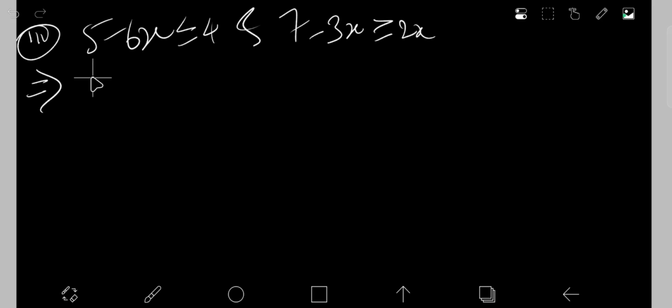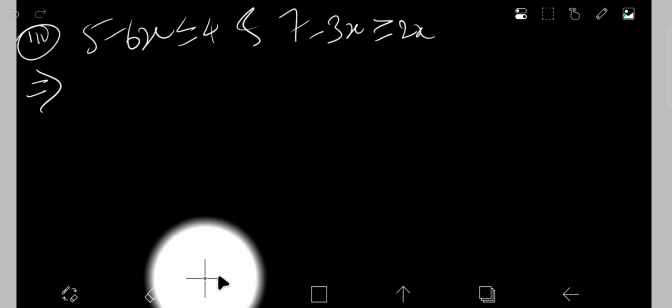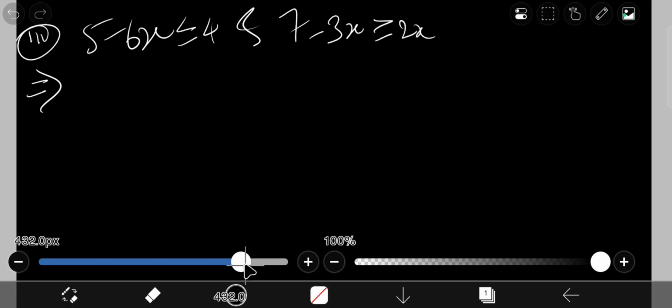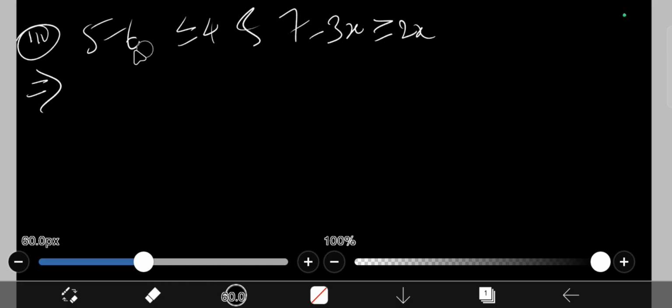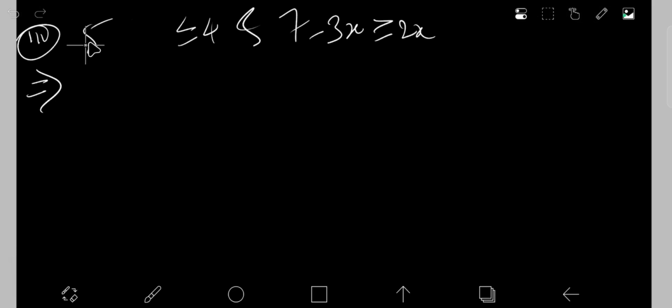How we solve this one? Here is given 5x, and how we write? The question here is wrong, we wrote it wrongly, this is not correct, this is the correct one. The question is given 5x minus 6. Okay, now we solve. 5x, and this side we add 6, so this 6 cancels, and 4 plus 6, and on the right side also we add 6, so we get 10.